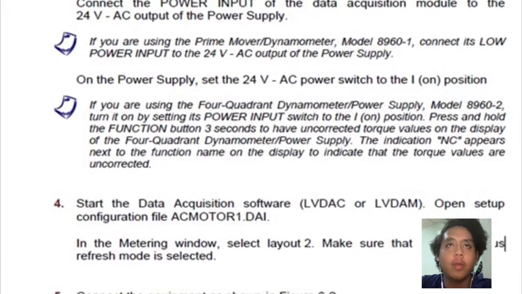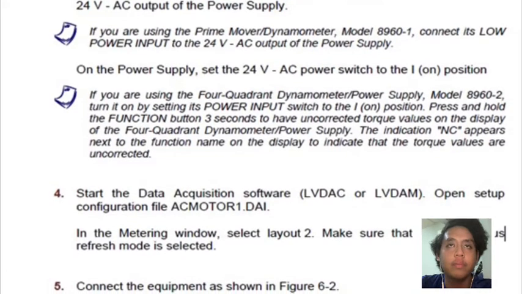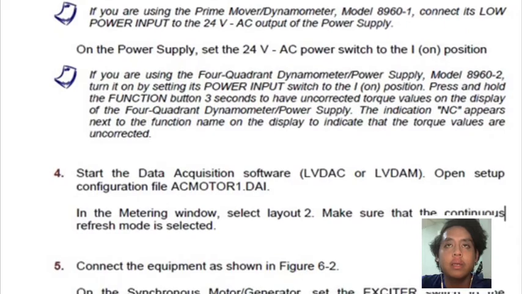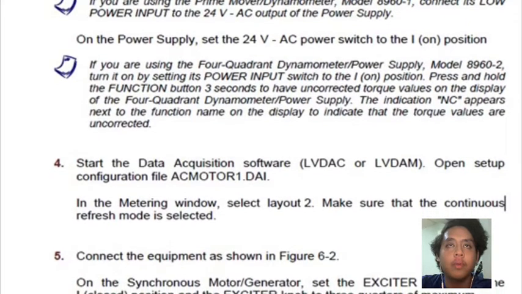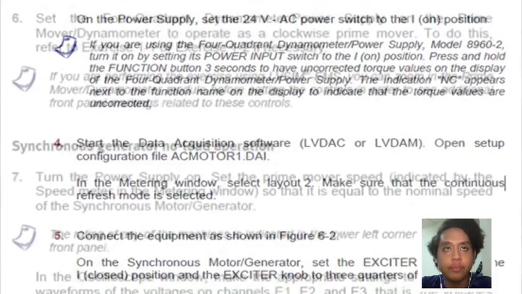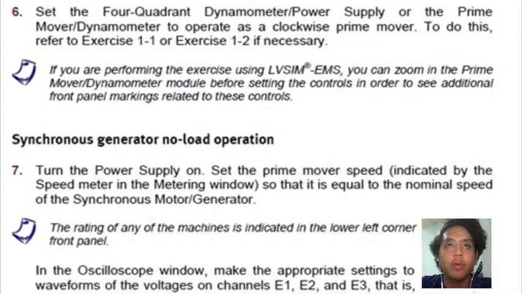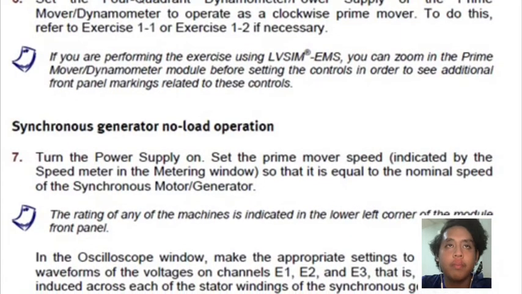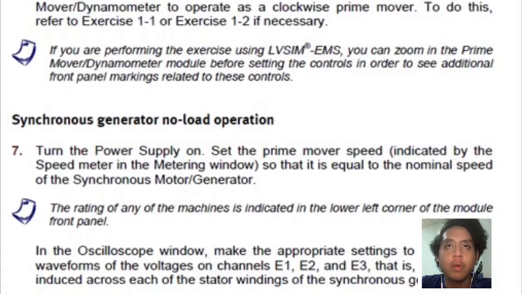Next, connect the equipment as shown in figure 6.2. On the synchronous motor generator, set the exciter switch to the closed position and the exciter knob to 3/4 of maximum. After that, set the 4-quadrant dynamometer power supply or the prime mover to operate as a clockwise prime mover.